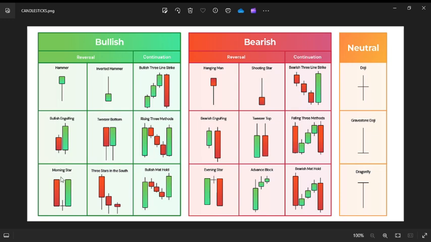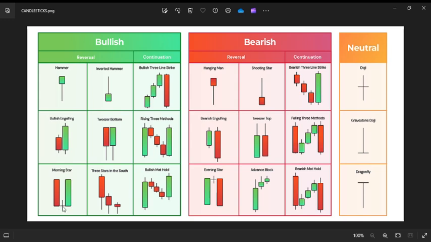The next one is the morning star. The morning star usually forms at the end of a downtrend on the support level or on the demand level. So usually a strong bearish candlestick forms at the end of a downtrend or on the support level or demand level, followed by an indecision candlestick, which could be a doji.